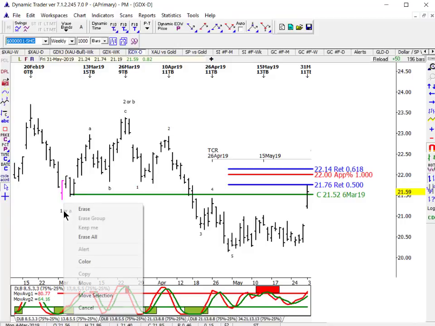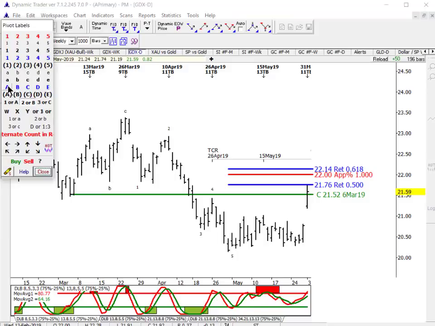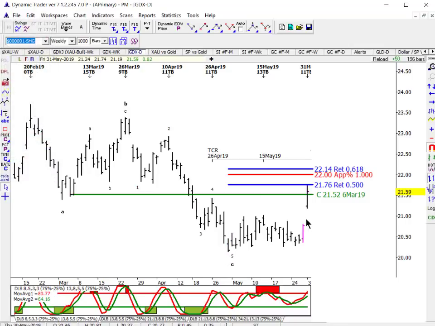So more than likely, the market has shown itself by Friday's close into that range. We want the A and the B and the C. We've probably completed an ABC correction. And eventually, the GDX should continue to above the February high.